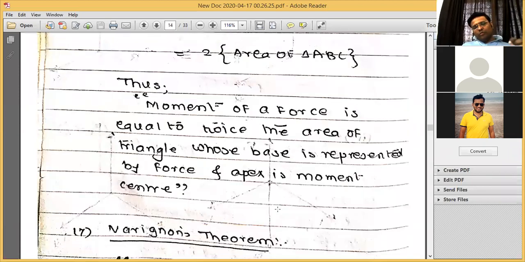So moment can be calculated graphically also by using this method. There are less chances of this example being asked, but you should know how to calculate the moment of a force by using the graphical method. It can be calculated by calculating the area formed by the triangle of these forces.